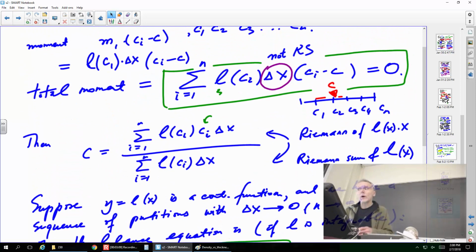This is the one in terms of the densities, the one that we carried out last time with the data spread out through the rod, and then we computed its mass, and we computed its center of mass as well.